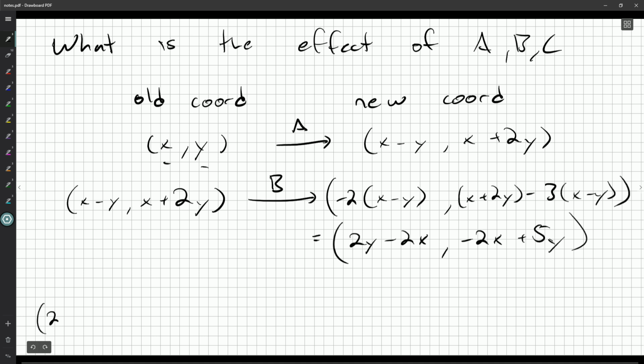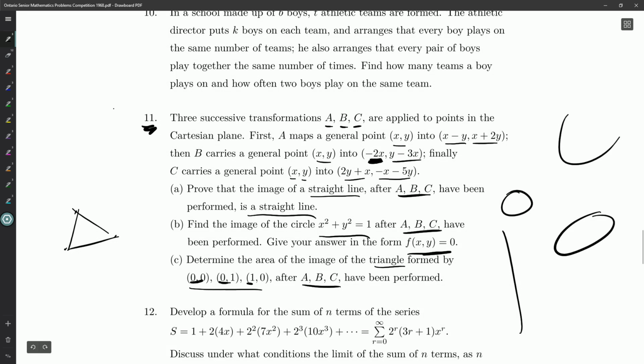Now if we end up at that point, let's transform that point and see what C does to it, and then we'll see where a single point (x, y) ends up after this whole process is done. Okay, so what does C do? Whatever the y coordinate is, double it, and then add x.